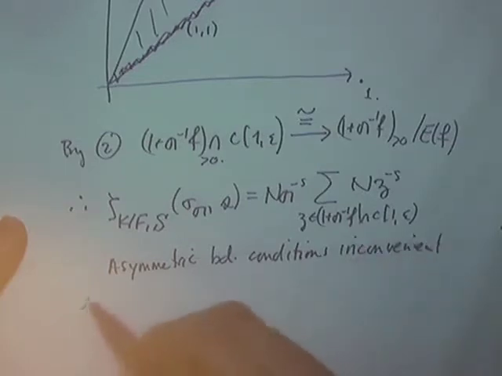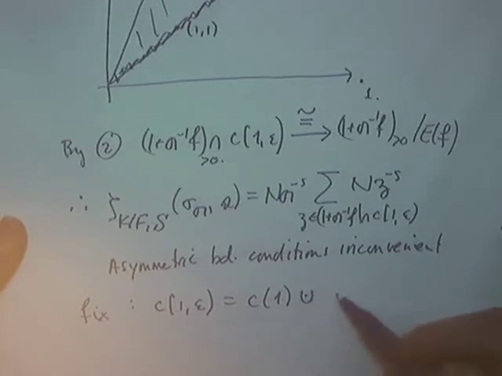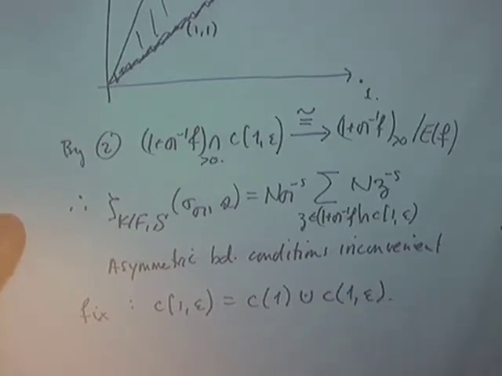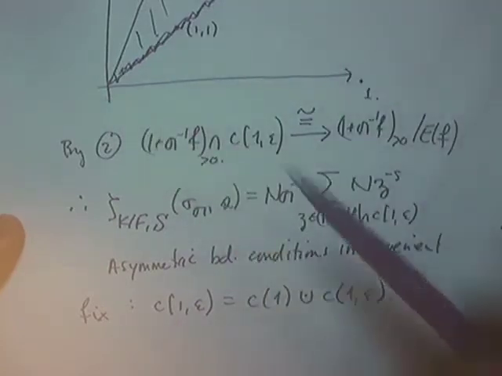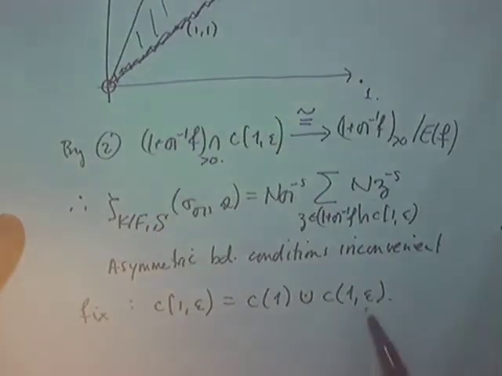So there's a simple fix. I'll just write C of 1 epsilon as C of 1 disjoint union C now open at 1 epsilon. Or C of 1 is just the cone spanned by 1, so just the shaded line, not including 0, and C of 1 epsilon is now the interior of the cone.